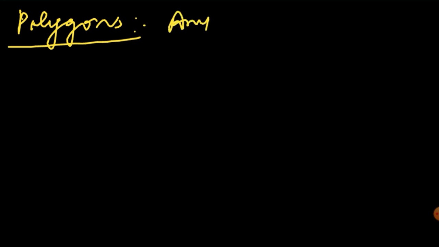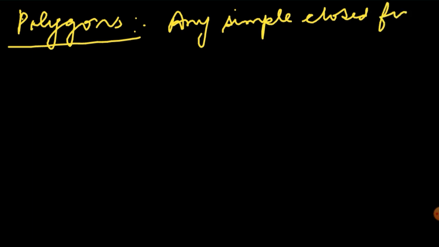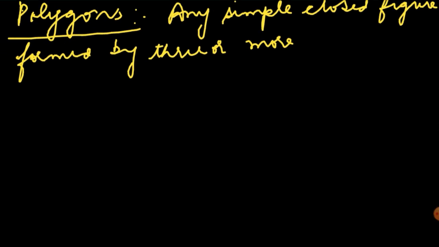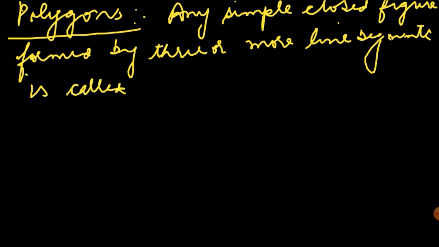Any simple closed figure formed by 3 or more line segments is called polygon.